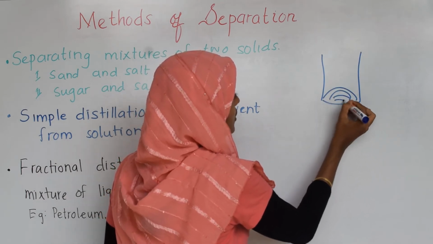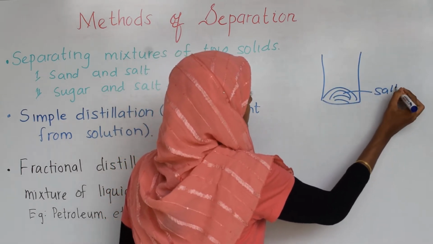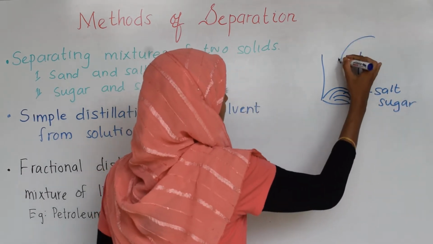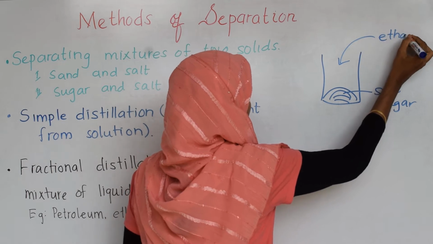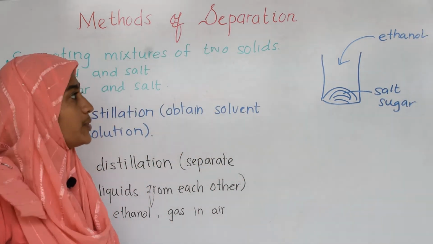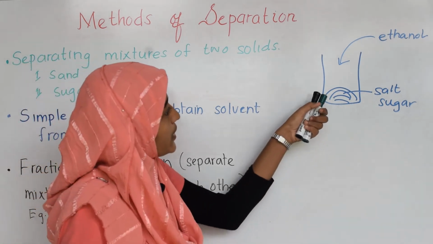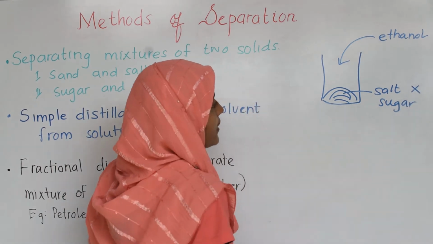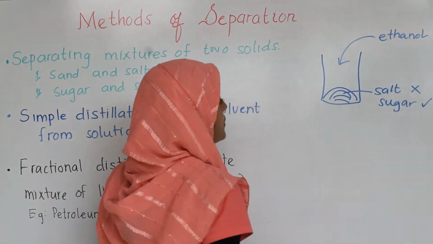So instead of using water, you have this salt and sugar mixture over here, and instead of adding water, we add ethanol. Since ethanol is flammable, we have to do it in a water bath. Salt will not dissolve in ethanol. Sugar will dissolve in ethanol.